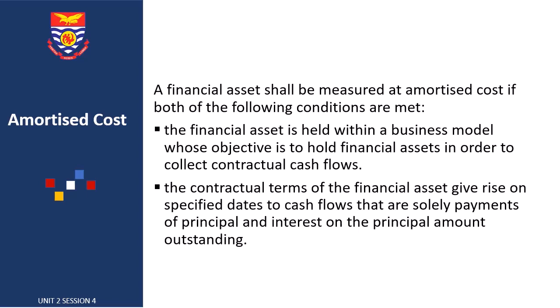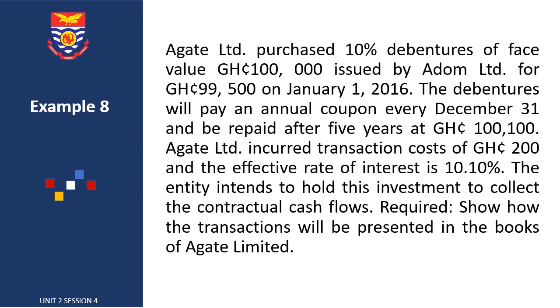Now, during the amortization, you have to use the effective interest rate to do the amortization. Here you have the coupon rate and then the effective interest rate, the rate prevailing in the market. So you have to make use of this in doing the amortization.